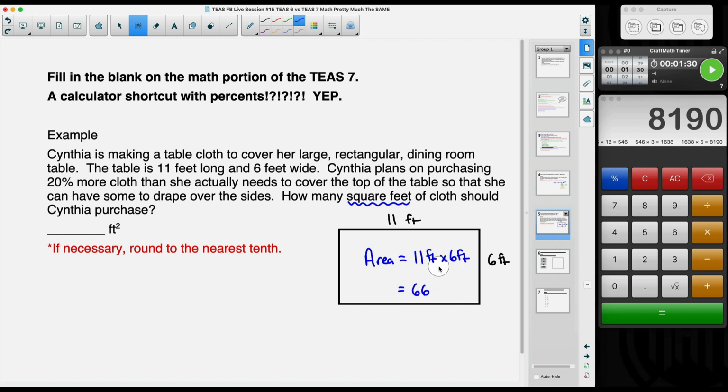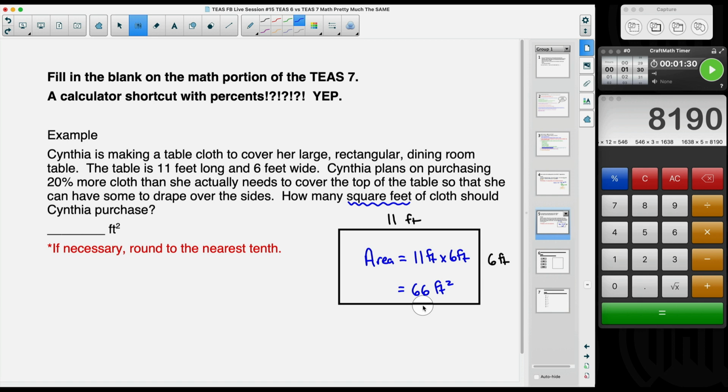And just to emphasize, since we are taking 11 feet times 6 feet, that is square feet. 66 square feet. That's one reason why, when you want to lay carpet in a bedroom, one of the main things people want to know is what's the area, because you're covering that surface.